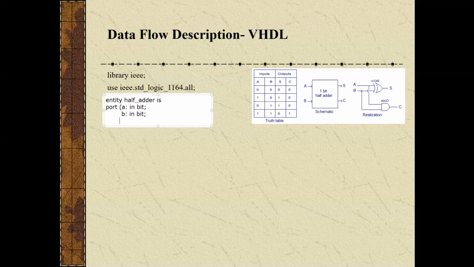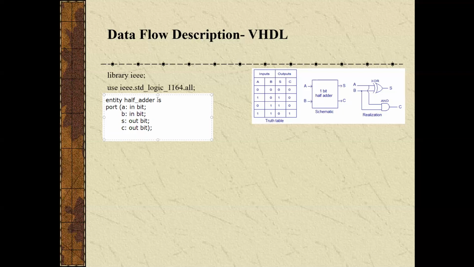And there are two outputs. One is sum, which I have mentioned by writing out. It's the output, and it is also in bit form. Another output is C, which is nothing but carry, which is out, and is also in bit form. So I am closing the bracket. After closing the bracket, you have to give a semicolon here.